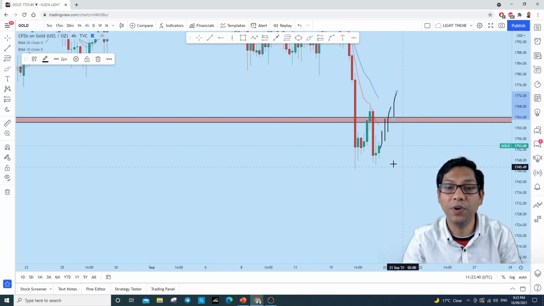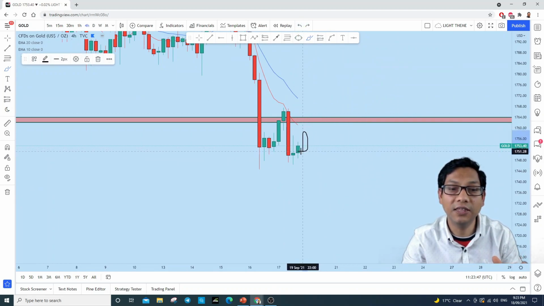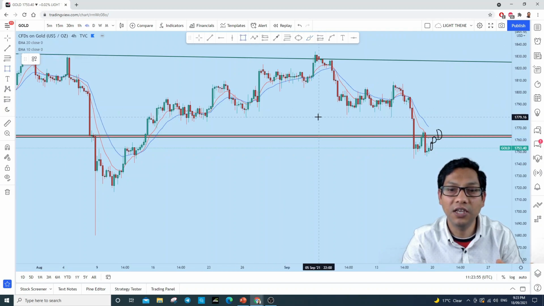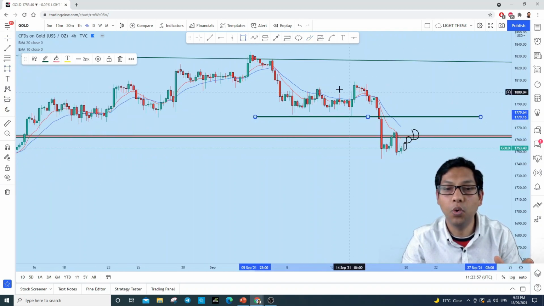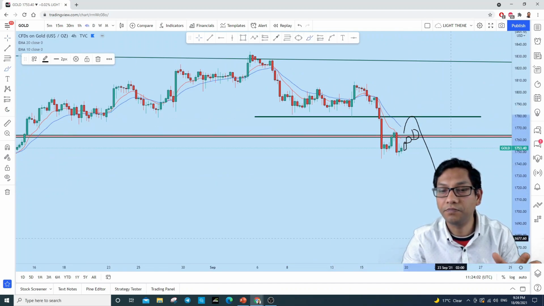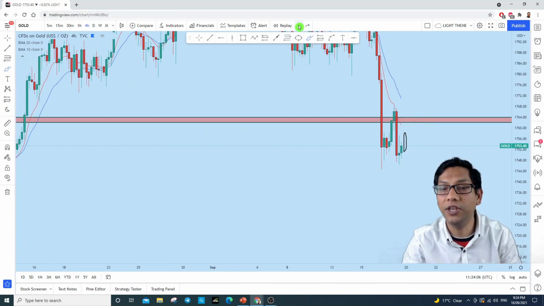Is it a false breakout or is it real? If we see that the price is still creating higher high bullish candles, we will be waiting on the sideline, and in that case we might in fact see a retest of this support as a resistance and a drop from here. So we'll be waiting to see.